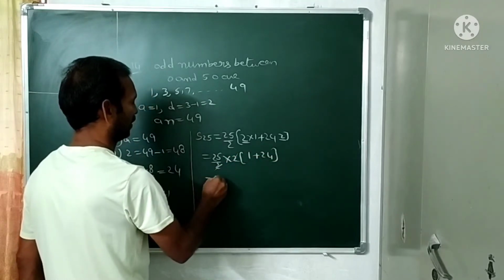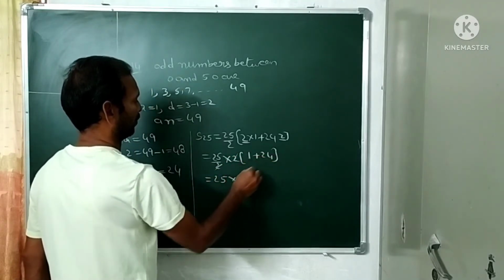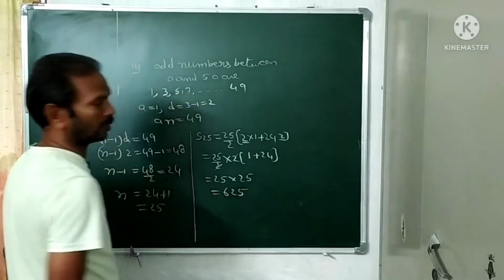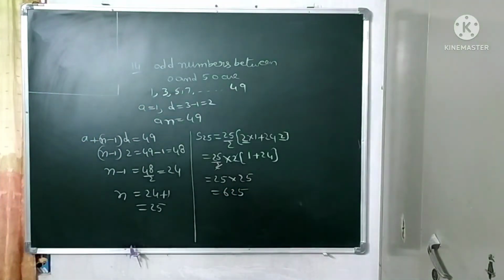These two cancel. 25 times 1 plus 24, 25 means what? 625. So that way you have to calculate the sum of the odd numbers between 0 and 50. Don't consider 0, don't consider 50.